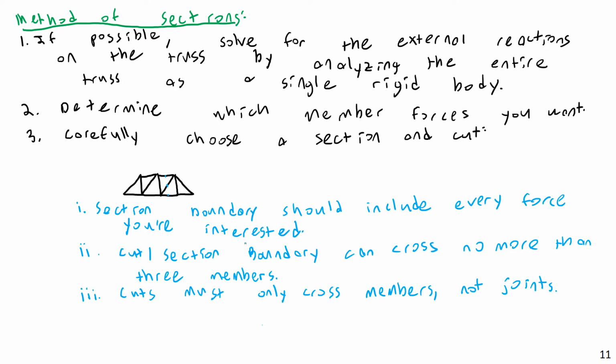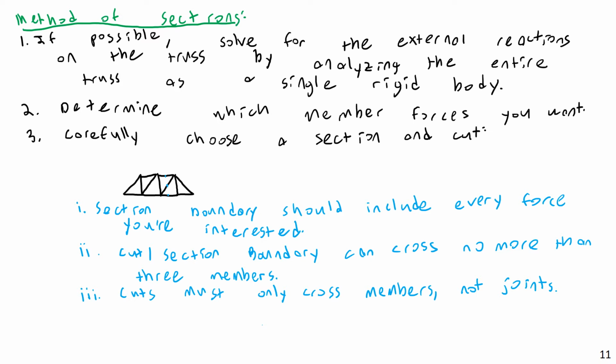Now, if you were doing this with more advanced techniques, like using mechanics of materials, and you wanted to use, say, a finite element analysis on a real joint, like a gusset plate, and you were actually modeling the forces in each cubic millimeter, then yes, in that case, you could think of it as cutting across joints.